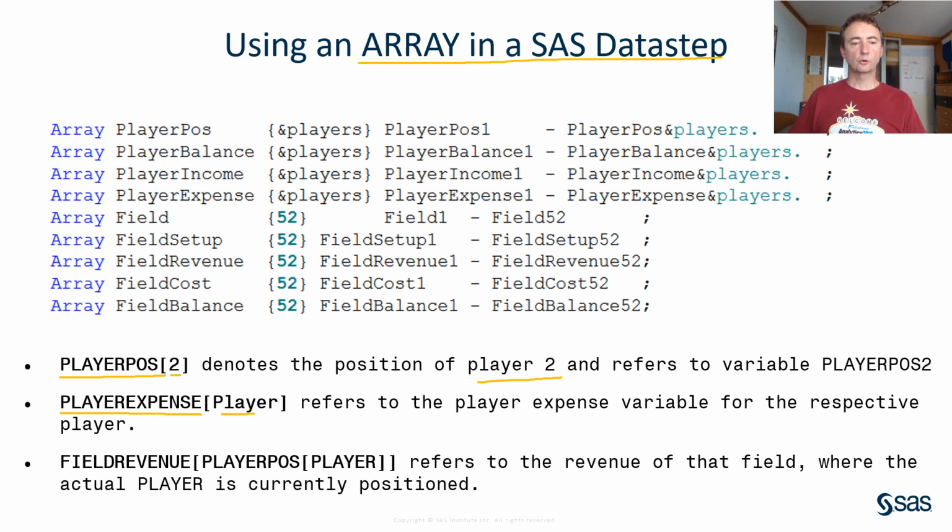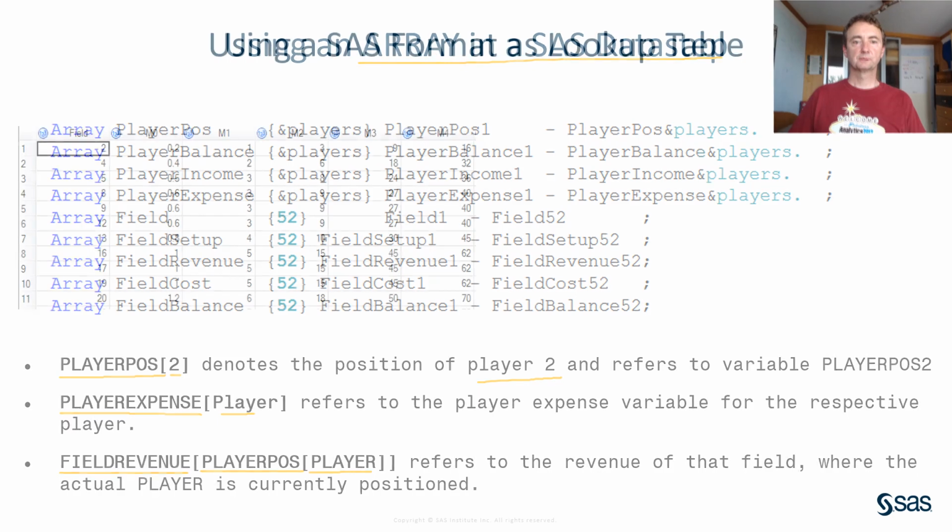You can also concatenate them, like, for example, the field revenue of the field where a certain player is currently sitting, with a certain player sequence. These are all ways which you can very effectively use if you use arrays in a SAS data step for Monte Carlo simulations.